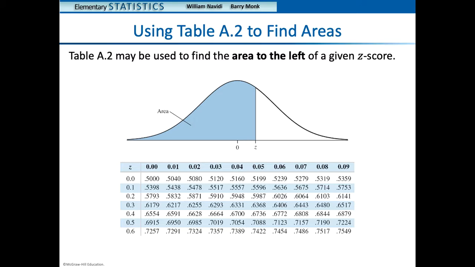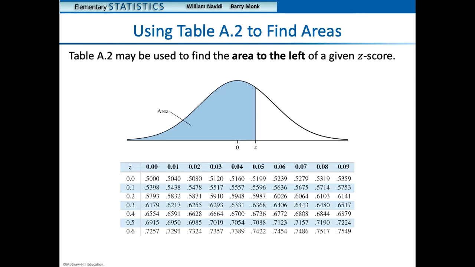This slide gives an illustration of what that table looks like. It's actually a 2-page document, and this slide just shows a brief snapshot of the top of the first page. The table may be used to find the area to the left of a given z-score.